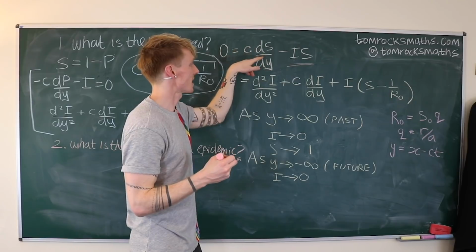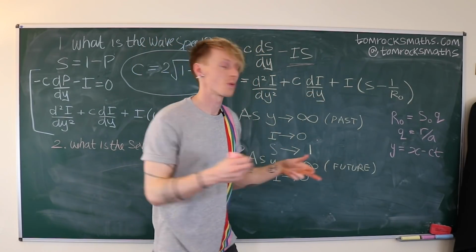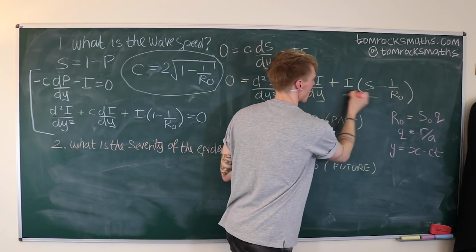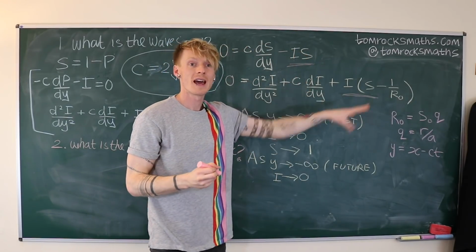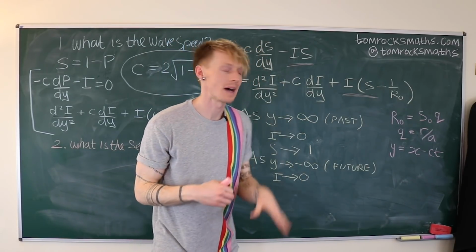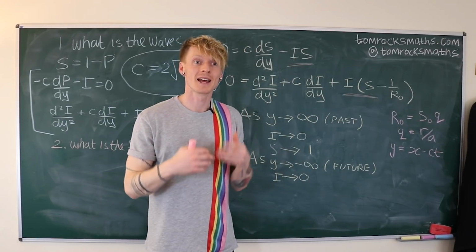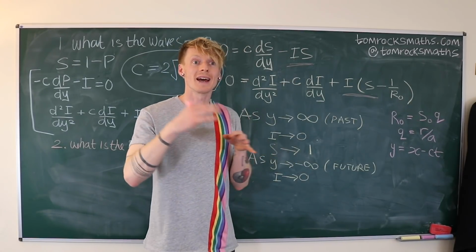So we want to take that and substitute it into here in our second equation. Because when we do that, our second equation now has y derivatives on every term, and so we can integrate the whole equation and get a nice neat expression involving I and S.